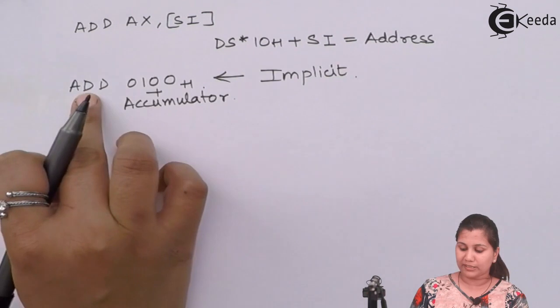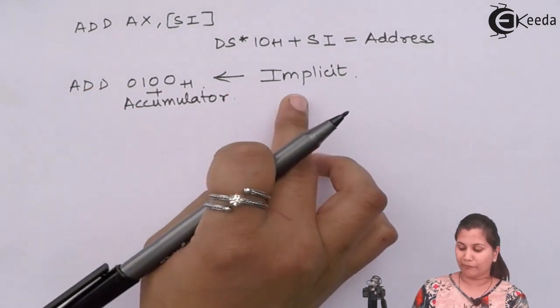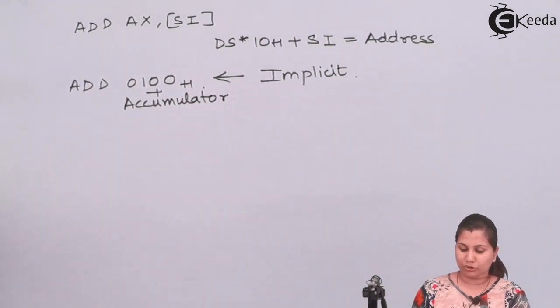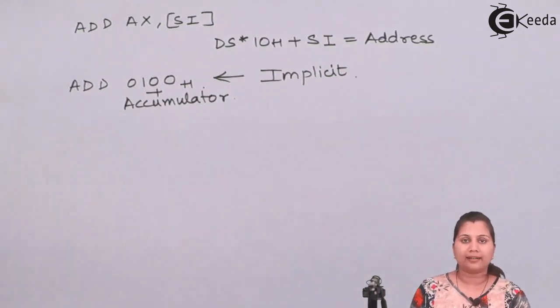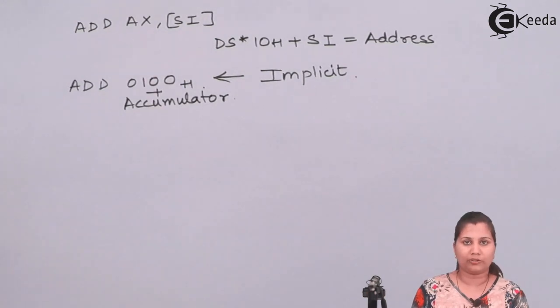So when we are not specifying the operand in the instruction, that type of addressing mode is called the implicit addressing mode. So this is the add instruction through which we are adding the contents of either two registers, or a register and a memory location, or an immediate data with the register or the memory location.